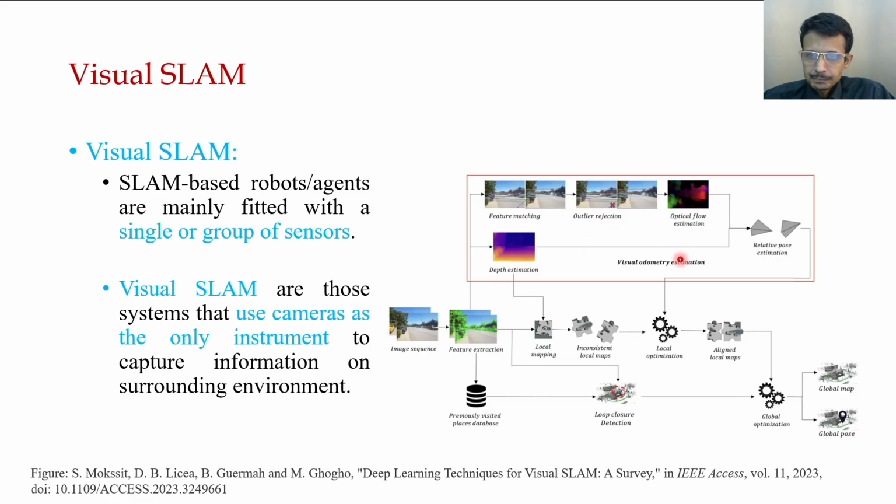And then the back end: local mapping, inconsistent local map handling, local optimization, aligned local maps, and loop closure detection, global optimization, and so on. These are done in the back end. Then we get the global pose and maps. So this is the entire system. We will try to understand one by one how this visual SLAM actually works.